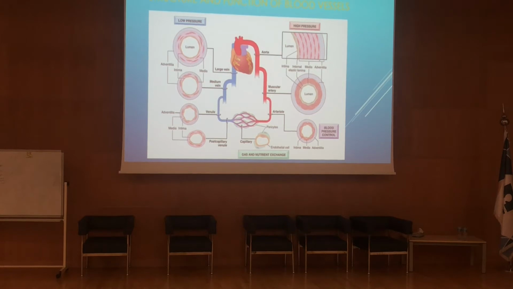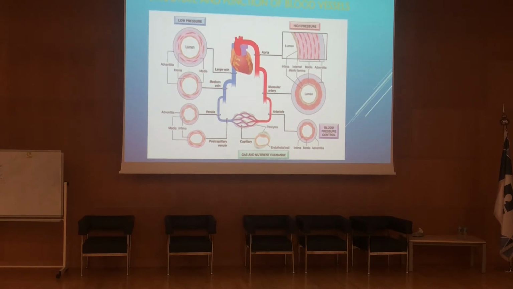Just imagine the heart pumps and gives out blood at high pressure, and these vessels bear that pressure and then supply the whole body. So they have to be not only muscular, but have a good portion of elasticity.